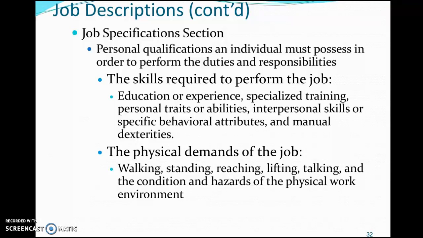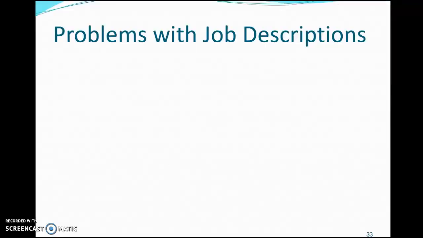This is the chance to, based on your job description, what do you actually need this person to have to be able to perform that job? And also here, we should talk about the physical demands of the job. If the job requires you to stand all day or to lift heavy equipment, then we better put them in this section so that it's clearly stating that this is what we would need you to do. This is this ability you need to have to be able to do the TDRs.